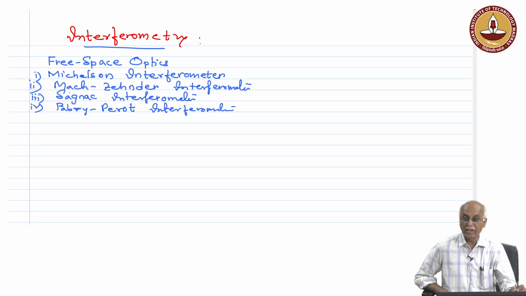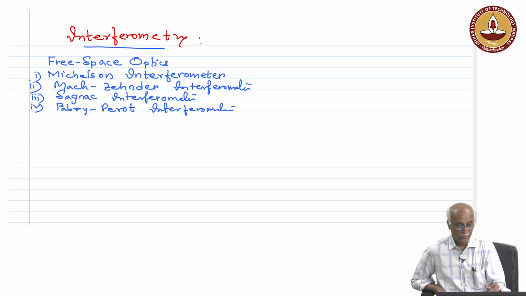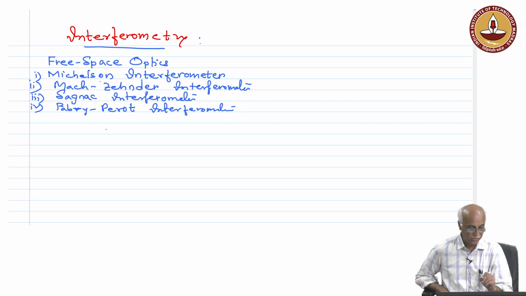These are all scientists who described various configurations, and the interferometers are named with their names. So Michelson interferometer, Mach-Zehnder, Sagnac, Fabry-Pérot, etc.